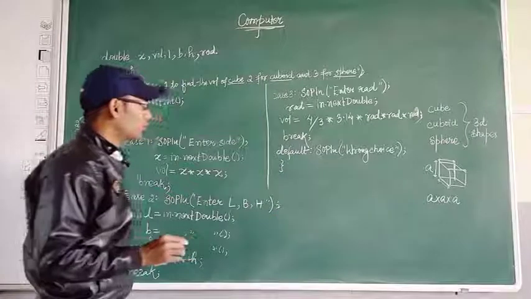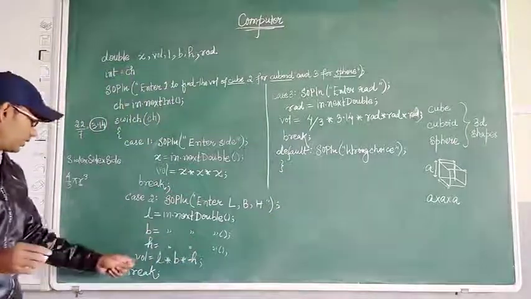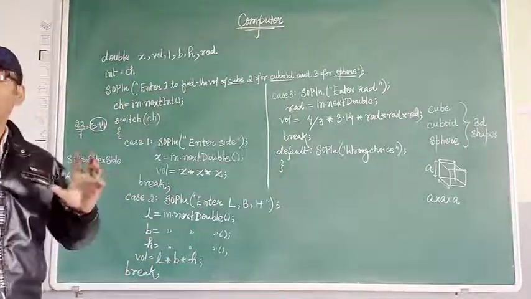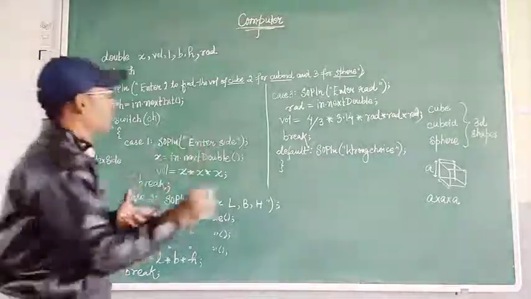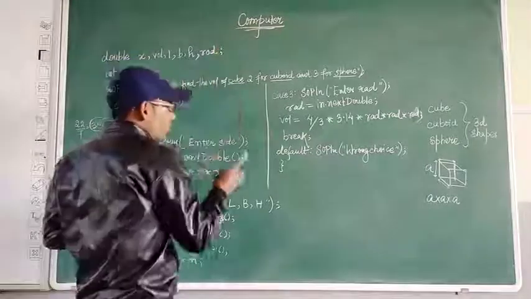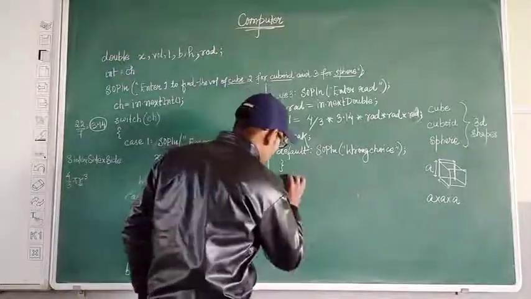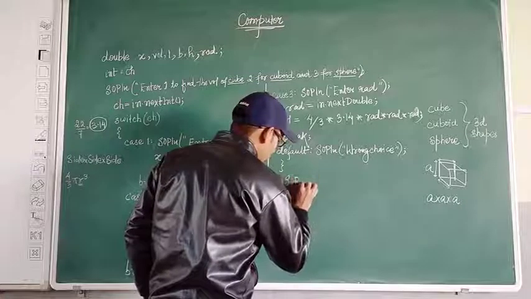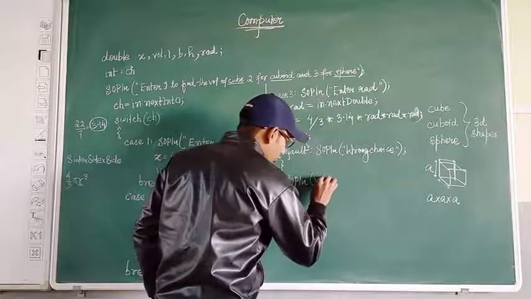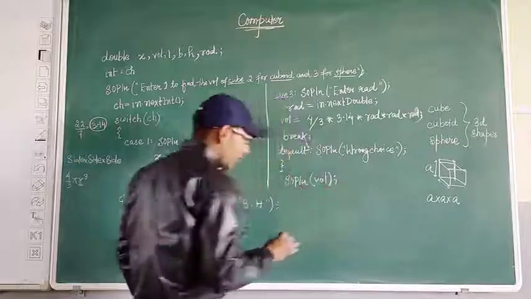So in VOL we have the desired volume. Now we should display the volume. System.out.println VOL. Right?